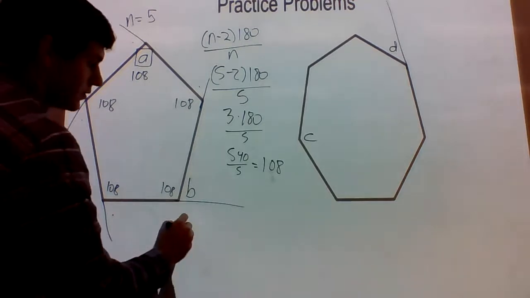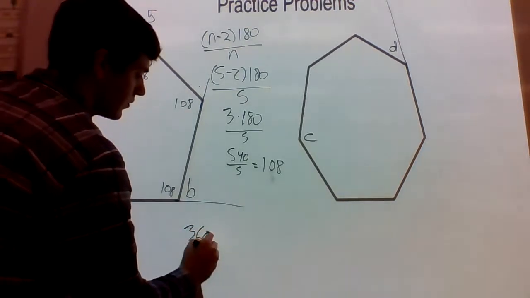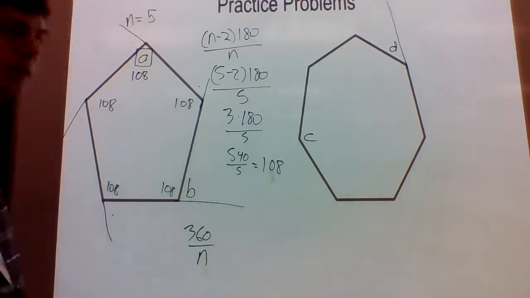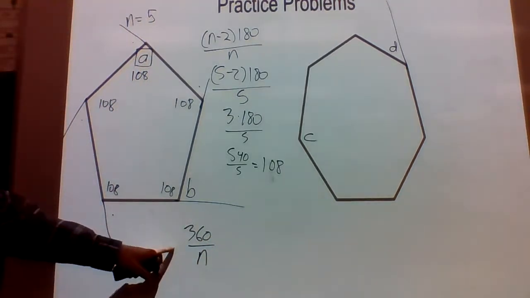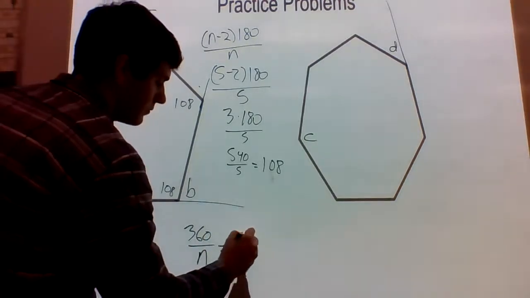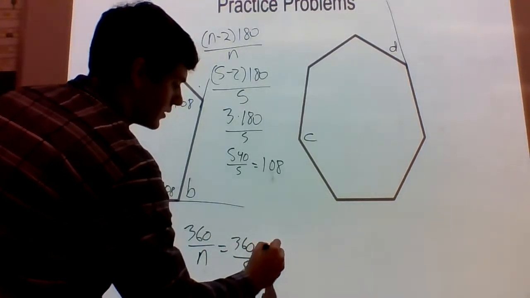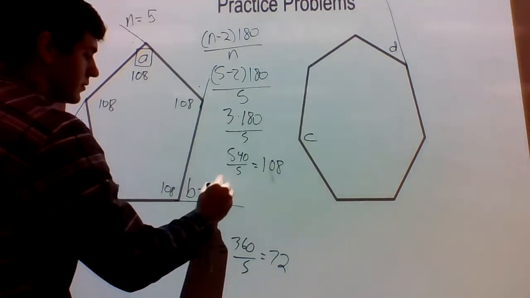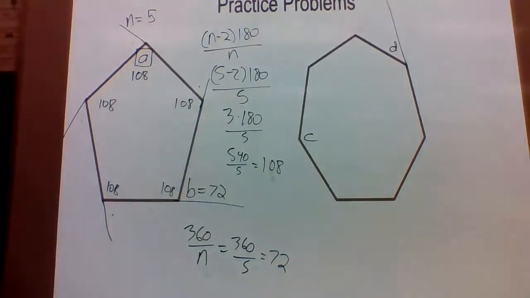Okay, so if the sum of the exterior angles is 360, and we have to divide by the number of exterior angles that there are, which is going to be n. Okay, so that's our generic formula. In this case, n is 5. So 360 divided by 5 is going to give us 72. And again, that makes sense because these are a linear pair. They're supplementary.